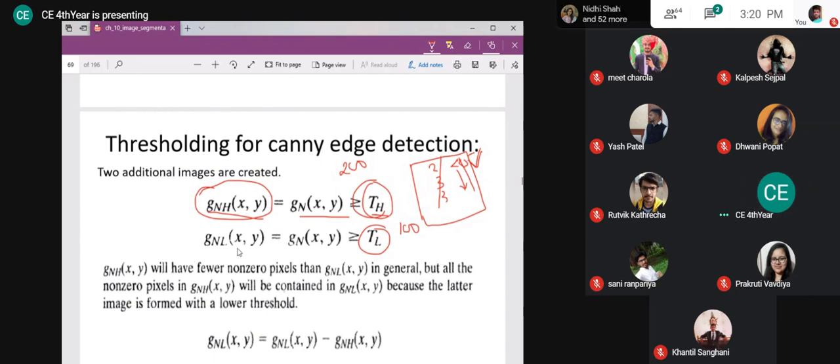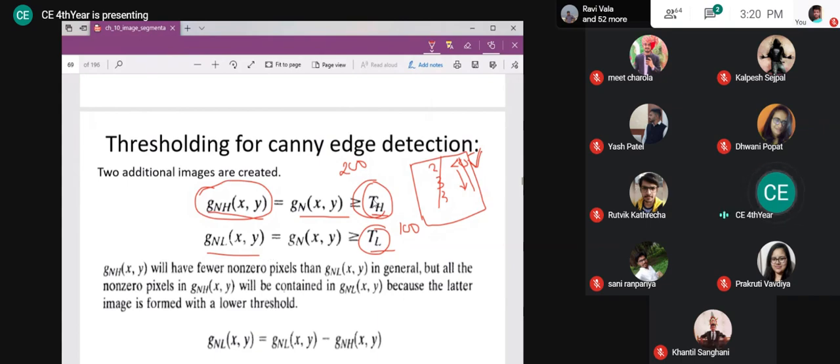Then I have one more image, that is GNL. What is that? All the points that are not passing the lower threshold are eliminated, meaning all the weakest points are removed. In this GNL, I will have all the points which can pass the higher threshold, as well as intermediate values from 200 to 100. But all the values below 100 are eliminated. That means they are not at all potential candidates of edge, right?